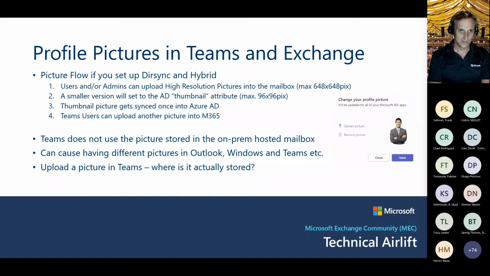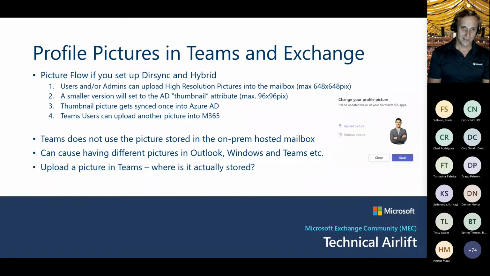If your mailbox is on premises, the user or the admin can upload a so-called high resolution picture, which is not really high resolution, but it's 648 by 648 maximum. The user can upload this into the on-premises mailbox, and the admin can use the Import-RecipientDataProperty cmdlet to upload it into the user's mailbox as well. Once this is done, a smaller version of the same picture will be created and stored into the on-premises AD.